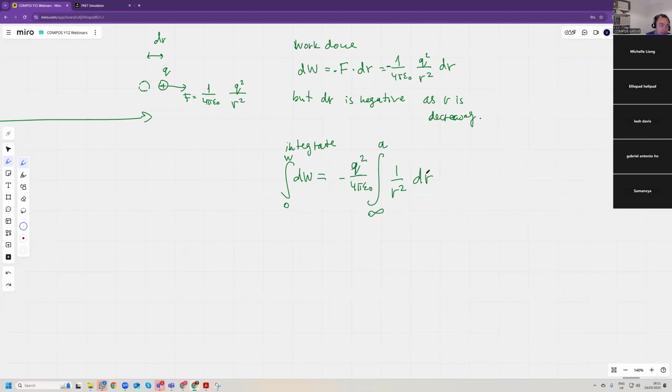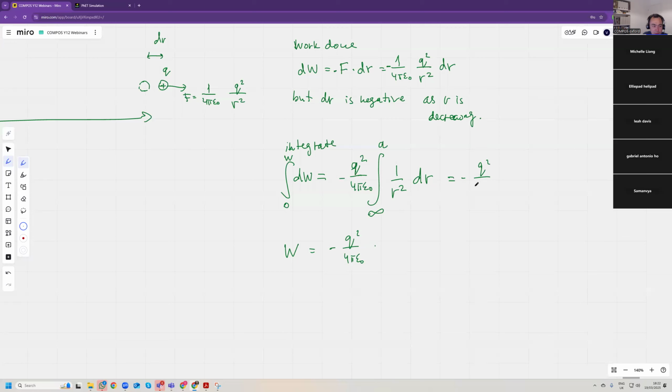The left-hand side is just W. This is minus q squared over 4 pi epsilon naught, multiplied by the integral of 1 over r squared, which is r to the power minus 2.